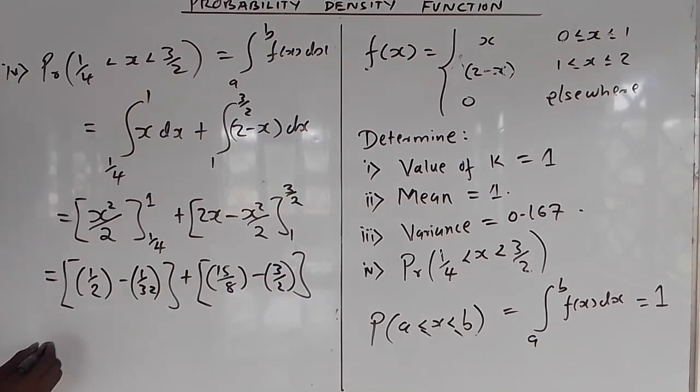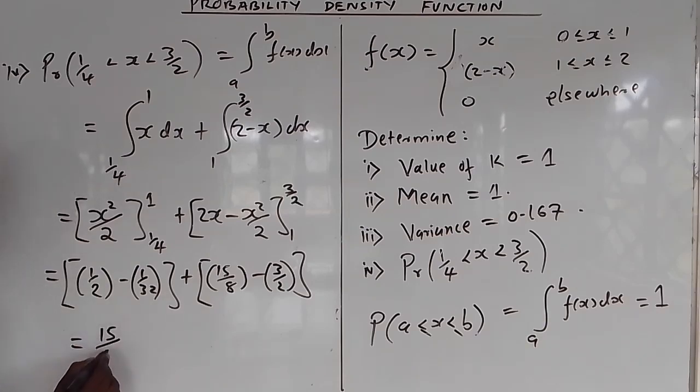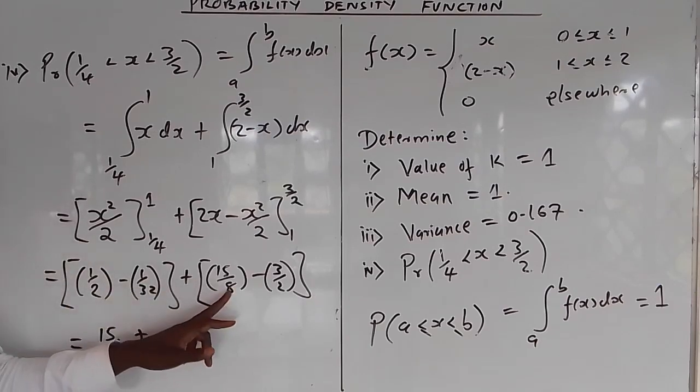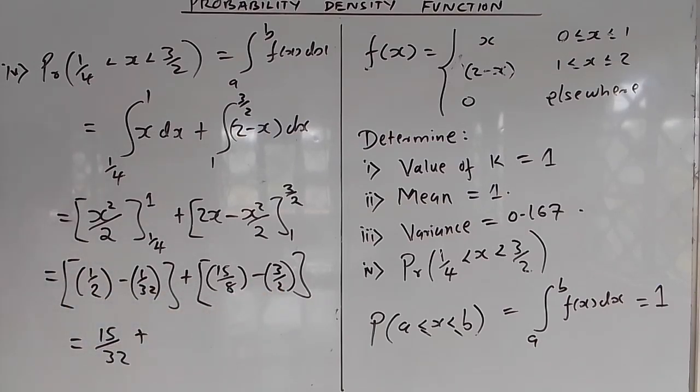Now start here. A half minus 1 over 32 is 15 over 32, then it is plus 15 over 8 minus 3 over 2, what do you have? 3 over 8.